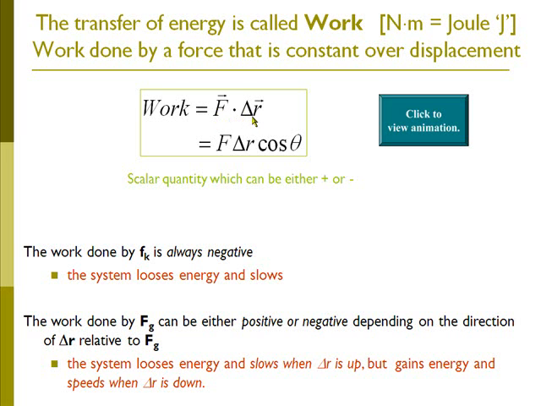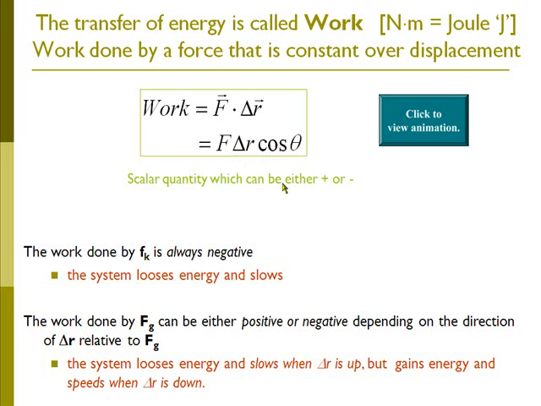It yields a scalar, and so when force as a vector is multiplied in this fashion with delta r, the displacement vector, the definition of scalar product is magnitude of the force times the magnitude of the displacement times the cosine of the angle between the force and the object's displacement.